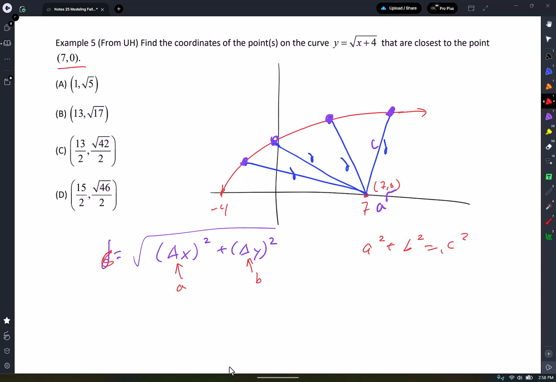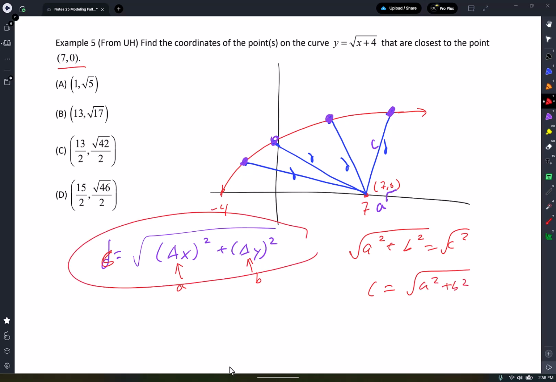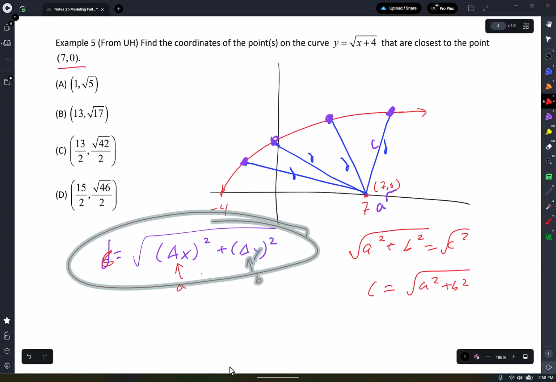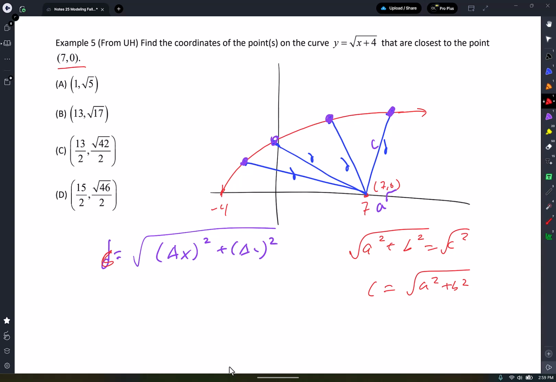And when you take the square root of that, whatever you do to one side, you do to the other. C equals the square root of A squared plus B squared. Look, this looks exactly the same. Pythagorean theorem and distance formula are the same, guys, and that should have taken like a week of exploration to figure out in geometry, but we just did it in a few seconds.